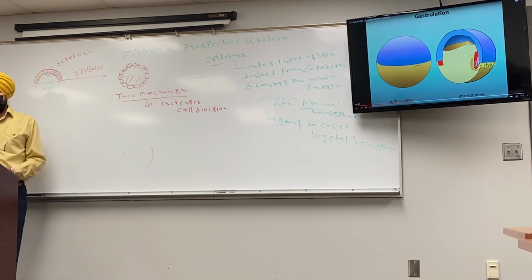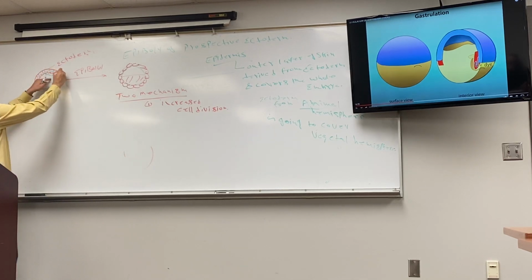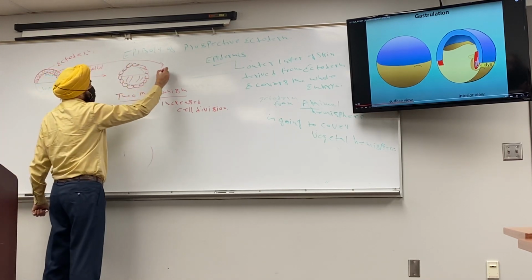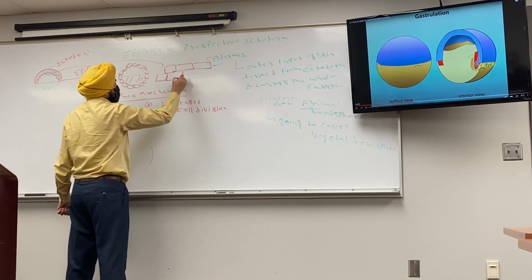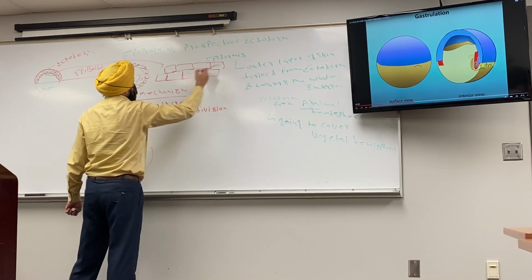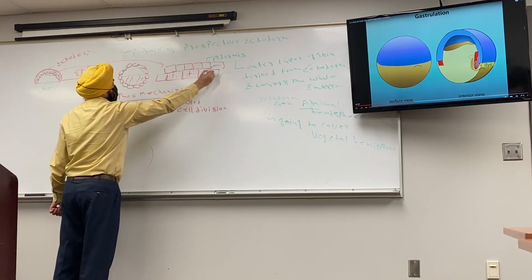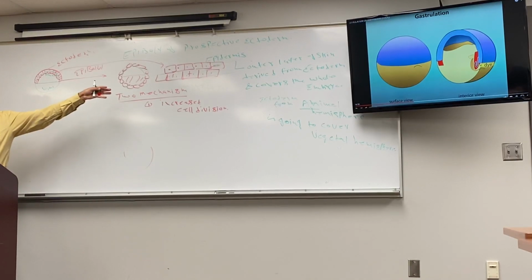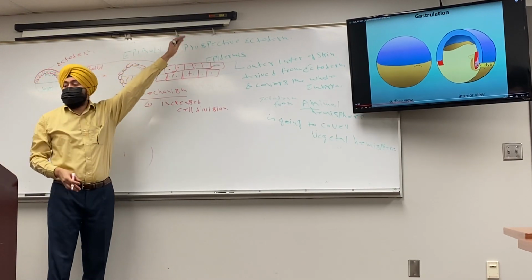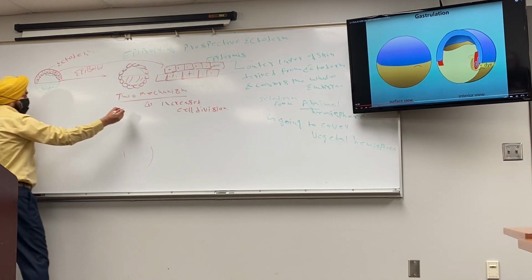So what is happening there, for example, in the top area, right here, is that these cells will start dividing. You will start making more and more cells from here. So, increase the number of cells, that's the first thing which is going to happen. That's the first mechanism.